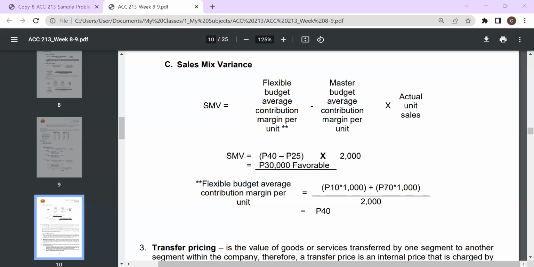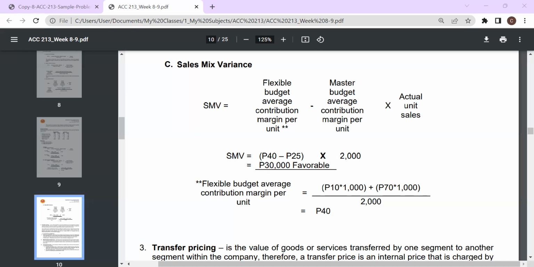So even if you'll multiply that by the actual number of units sold, which is 5,300 units, so still zero yung ating answer. So if you're going to compute, no, the total variance or the total sales price variance, that will be, Zim is 2,400 unfavorable.